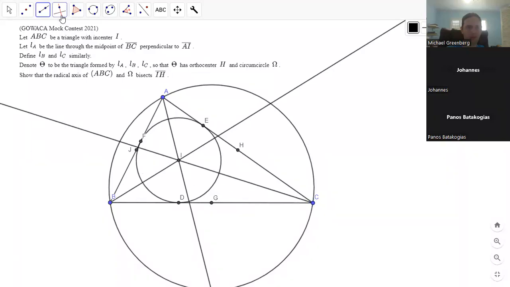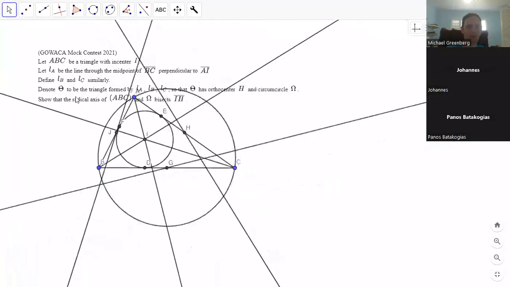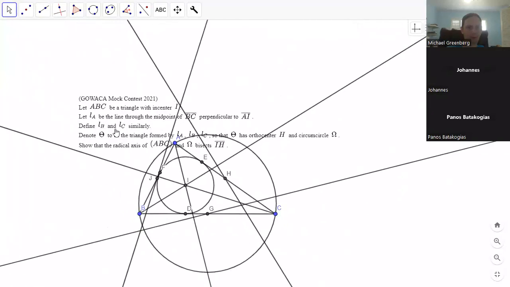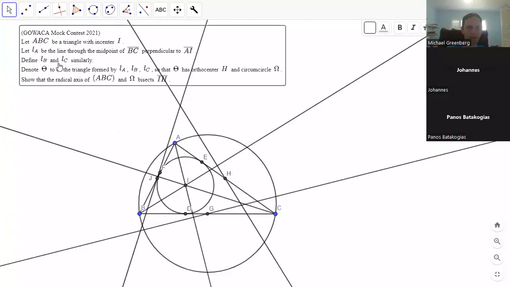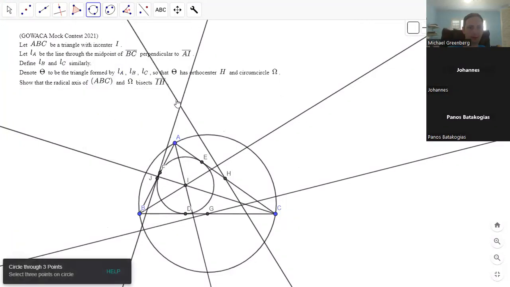And we drop some perpendiculars from each of the midpoints to the corresponding sides. So this, this, and this. And they form a triangle with orthocenter H. And we want to find the radical axis of ABC and that circle.